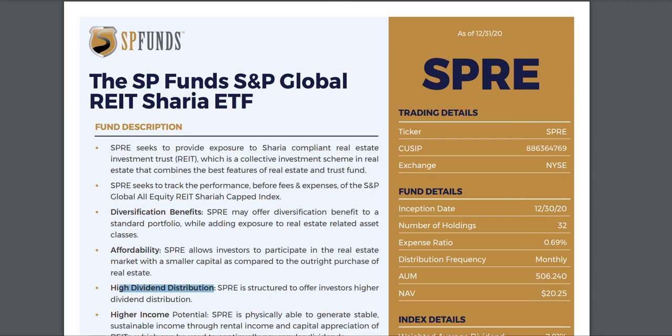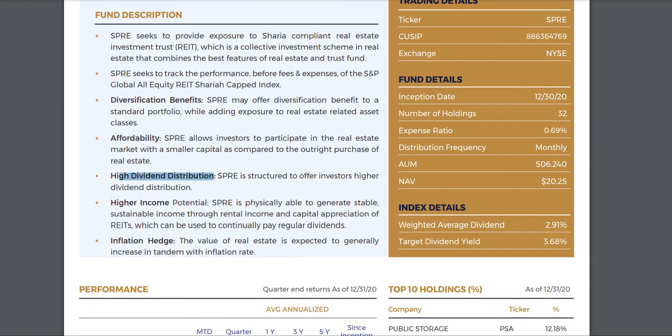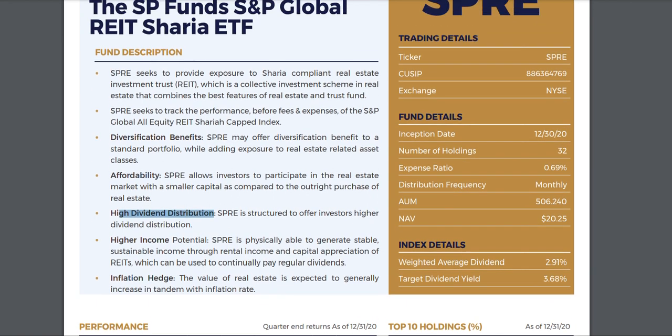Let me just zoom in in case you can't see that. And then you've got high income and an inflation hedge. So there are quite a few benefits to owning this REIT. Starting in 2020, there are about 32 companies in there. The expense ratio is 0.69%.